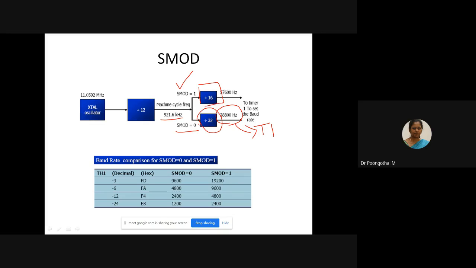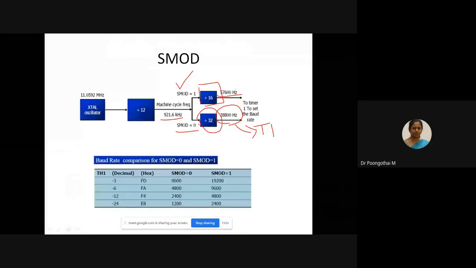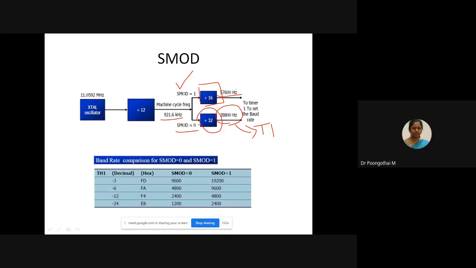We have 2 options: the UART divides the machine cycle frequency by either 32 or 16. If the frequency is divided by 16, we will get 57,600. So this value is doubled. 28,800 into 2, we get a 57,600 baud rate.